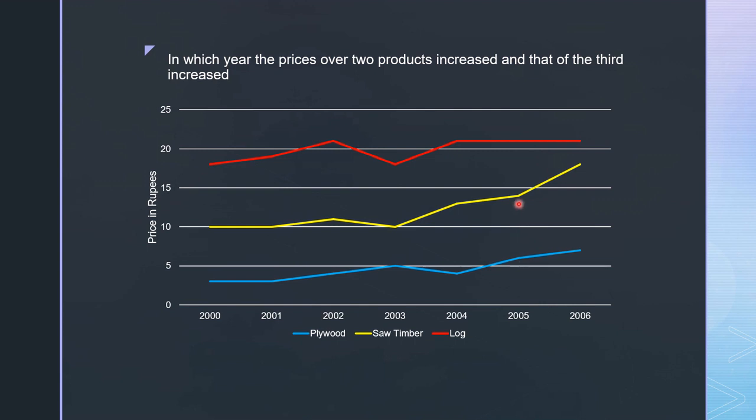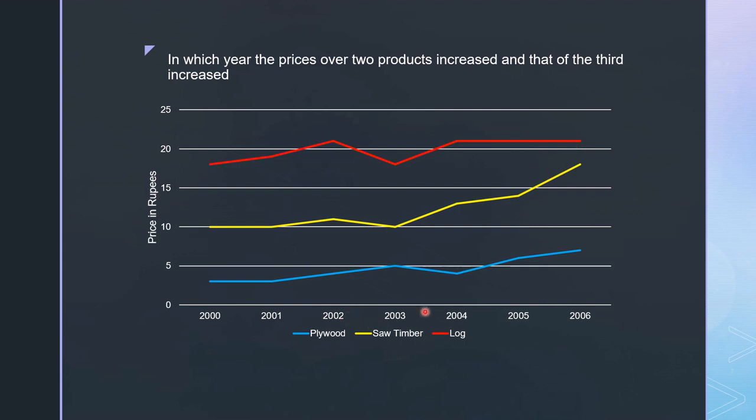For saw timber the value is 14, but for log it has not increased. The value is the same, it is again 21. For 2006 the plywood value is 7. For saw timber the value is 18, and for the log graph again the value is the same, that is 21.